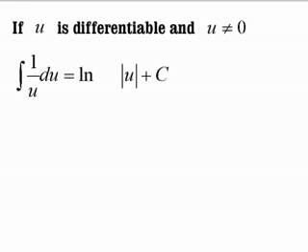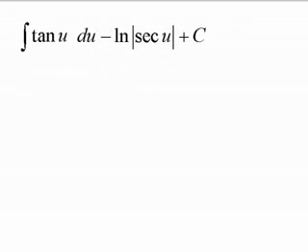And now, recalling the formula for the derivative of the natural log function and the basic definition of the natural log function, we have the general result that the integral of 1 over u du is the natural log of the absolute value of u plus a constant.